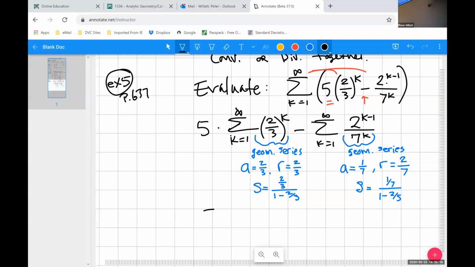Okay, so what do I get? 5 times, so 2/3, 1 minus 2/3 is 1/3. So 2/3 divided by 1/3 is the same as multiplying by 3/1. And then there's a minus in the middle. And then over here, I would have 1/7. And then 1 minus, I said 2/7, but I wrote 2/5 over here, so let's fix that.